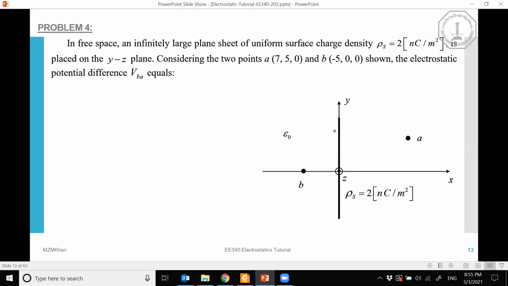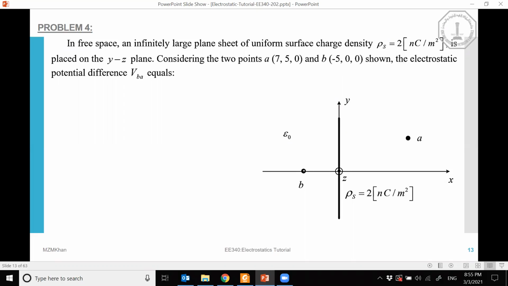This is an infinite plane carrying a uniform surface charge density rho s, which is 2 nanocoulomb per meter square. And now we have 2 points, point A is here, which is 7, 5, 0, and minus 500.